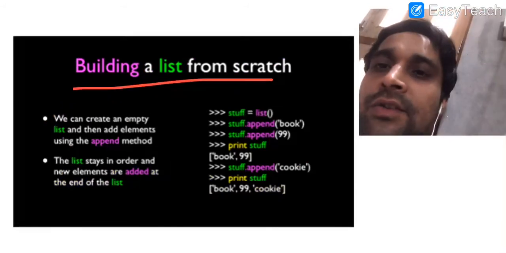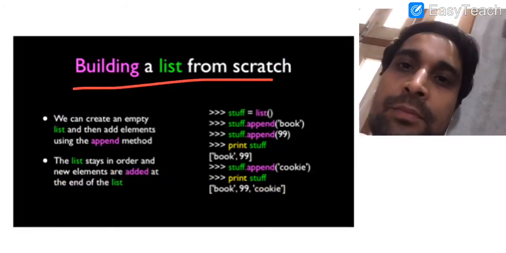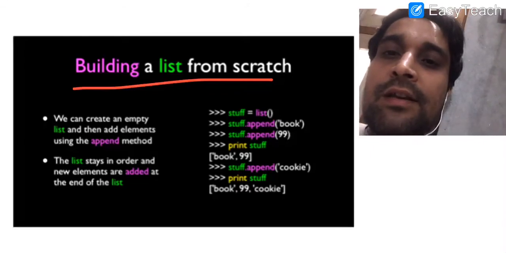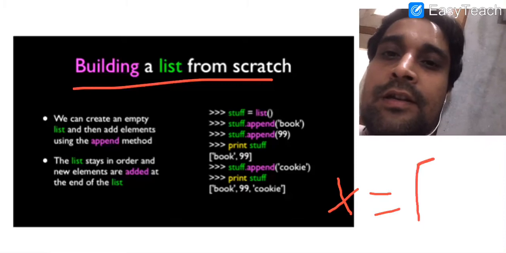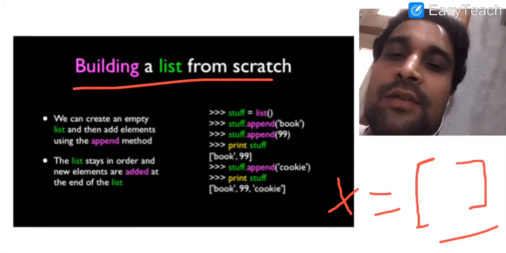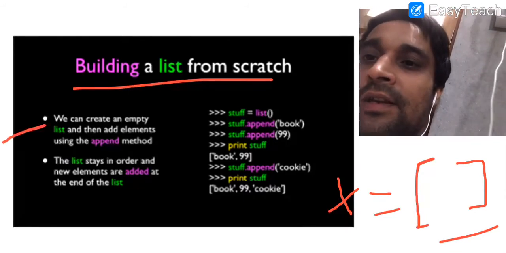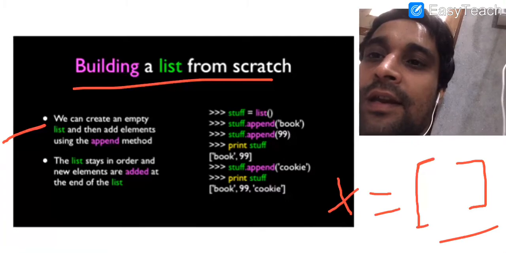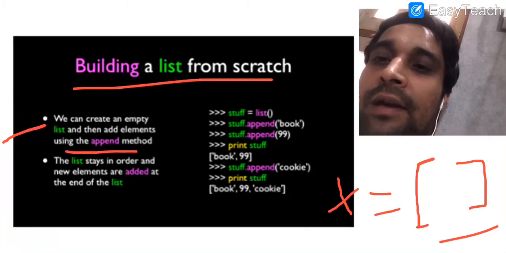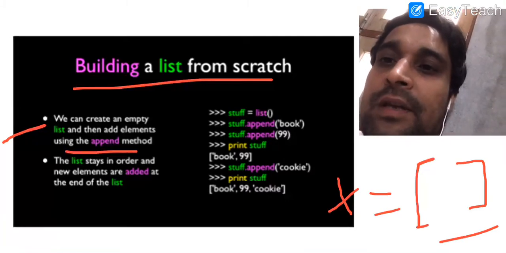First, we are building a list from scratch, that is, from the start. At the time of declaration we have created a list named X, and it has no element, which means it is an empty list. We have used the list function. Now you can see that we can create an empty list and then add elements using the append method available in Python.